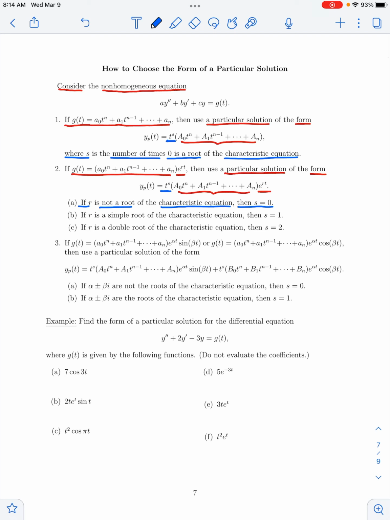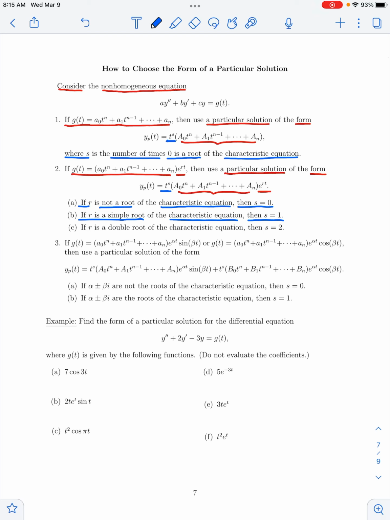However, we've seen that if r was a root of the characteristic equation, that is, if e to the rt already appears in the homogeneous solution, we would have to multiply by t. So if r is a simple root, that is, a root of multiplicity 1 of our characteristic equation, we would have to multiply our initial guess for the particular solution by a factor of t to the first power.